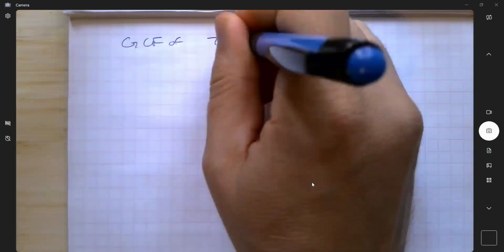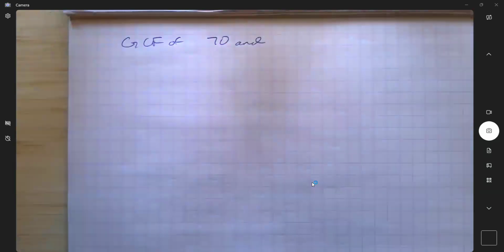Let's keep going. Let's do another one with 70. Let's find the GCF of 70 and 30.